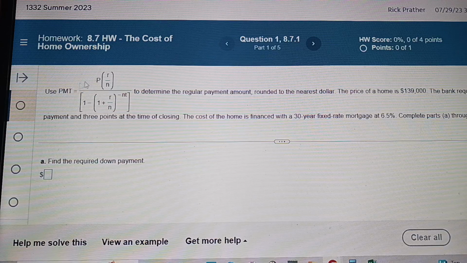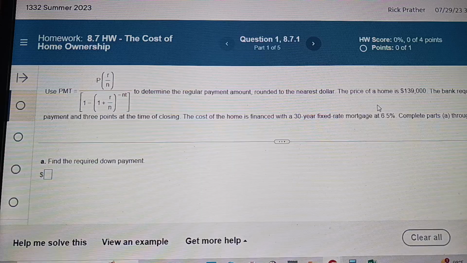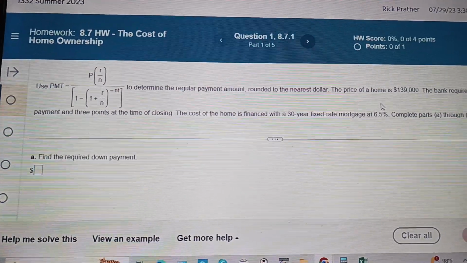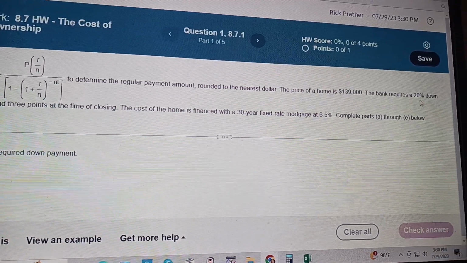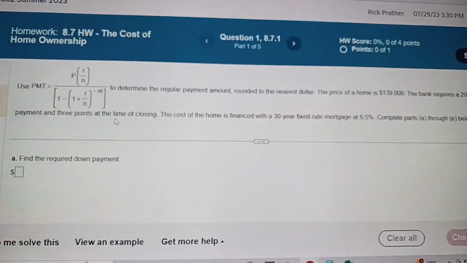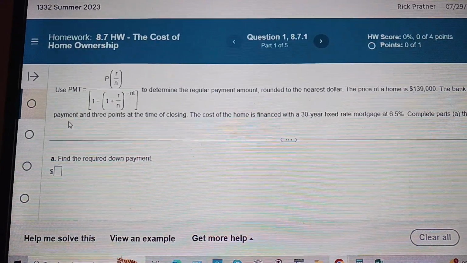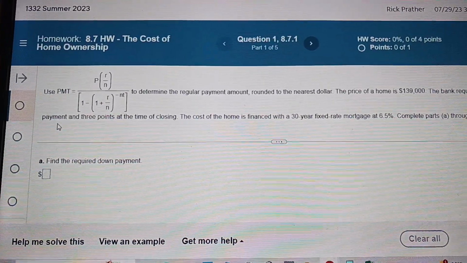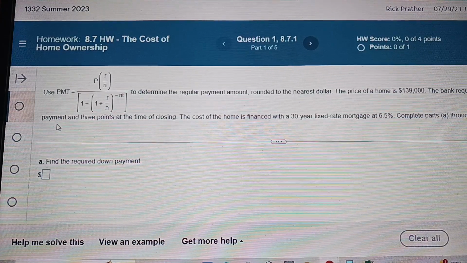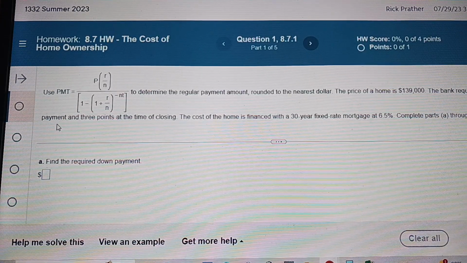So I got the same payment formula from before, and we want to get a $139,000 home, and we want to get the monthly payments rounded to the nearest dollar. Now, unlike a car, there's a required 20% down payment on houses, because if you stop paying on a car, they can just come take the car away and try to sell it for something.